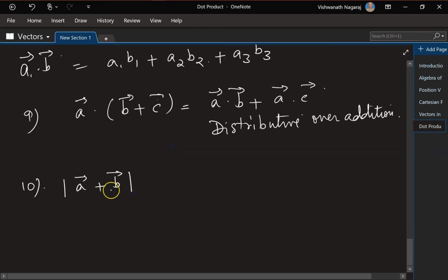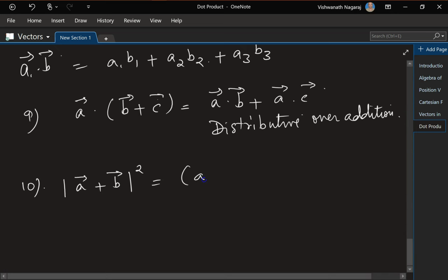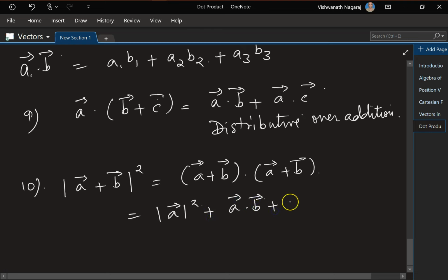What about this? The magnitude of the sum square is equal to what? We can write this as A plus B dot A plus B. Magnitude of A square plus A dot B plus B dot A plus magnitude of B square.